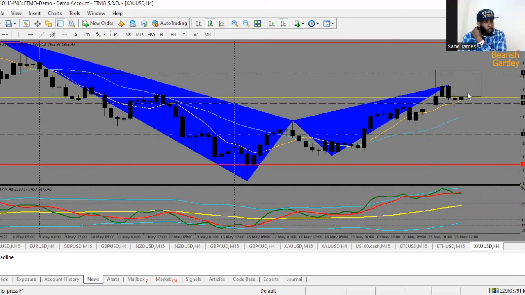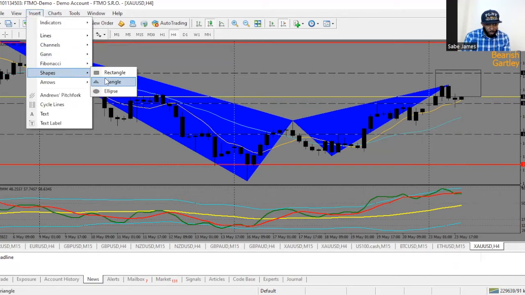Okay, but what I want to point out even more is the behavior of price at these quarter levels. Now I'm going to do you one better, and I'm going to throw in, where are my shapes? Insert rectangle.